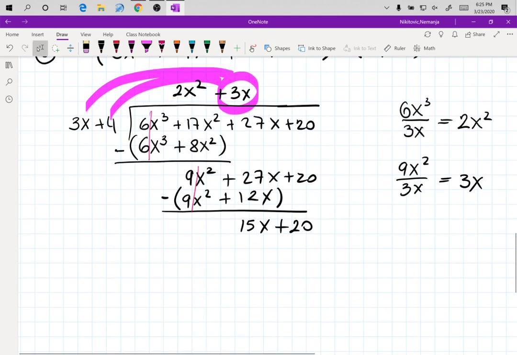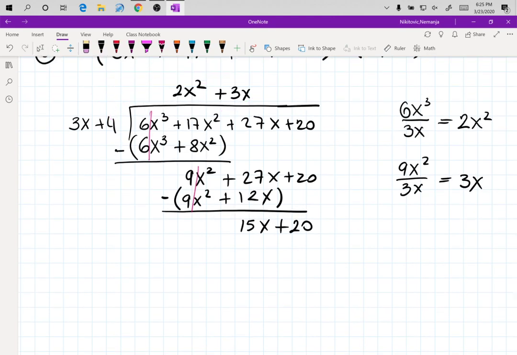And we are now at this last step where you ask yourself how many times 3x goes into 15x. Do that on the side. 15x divided by 3x goes 5 times. So plus 5.